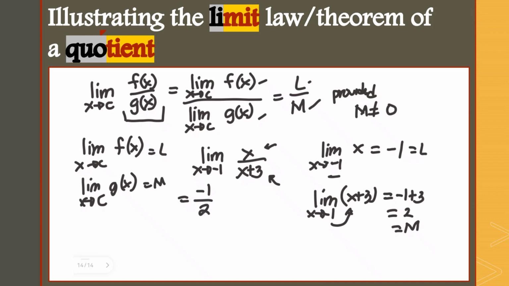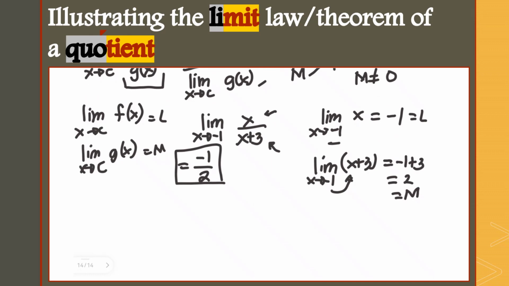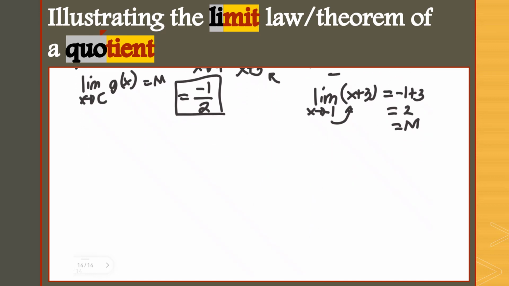So this is the illustration for this limit theorem for the quotient of two functions. Now let's continue. What if we have the limit of x minus 2 over x plus 3 as x approaches the same number, -1?